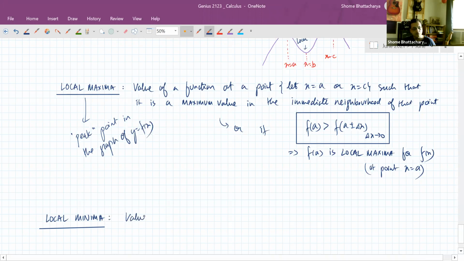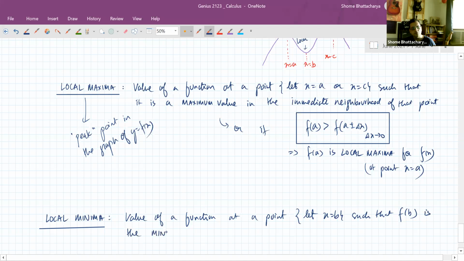It is defined as the value of a function at a point, let's say x equal to b, such that f(b) is the minimum value in the immediate neighborhood of x equal to b.